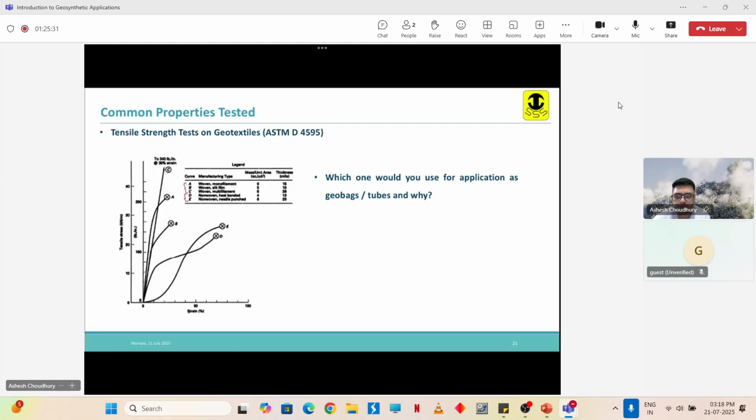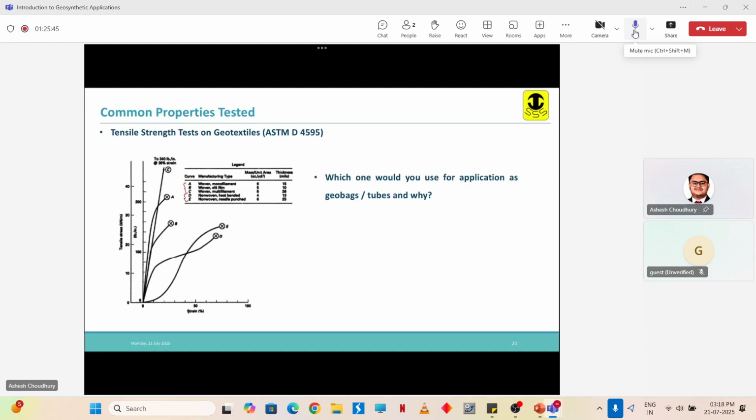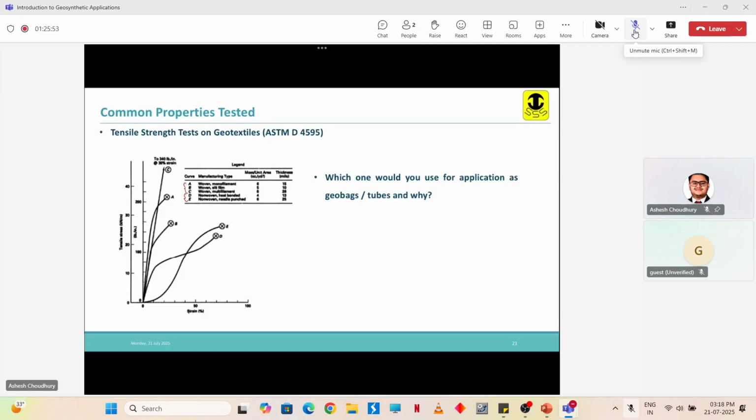Looking at the tensile stress versus tensile strain, which one do you think you will prefer for this geobag or geotube application, and what is the reason?